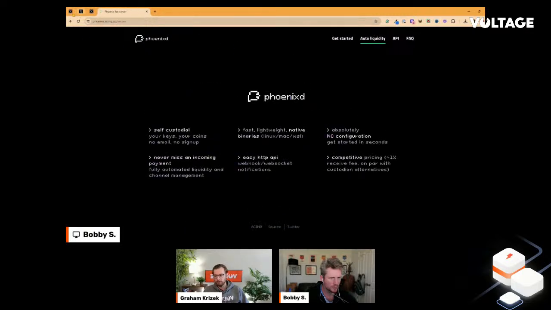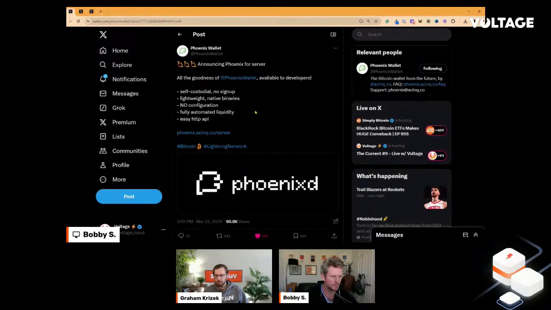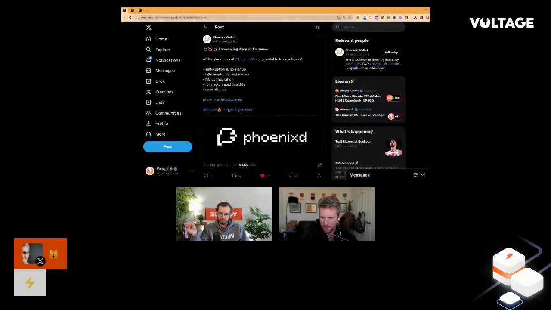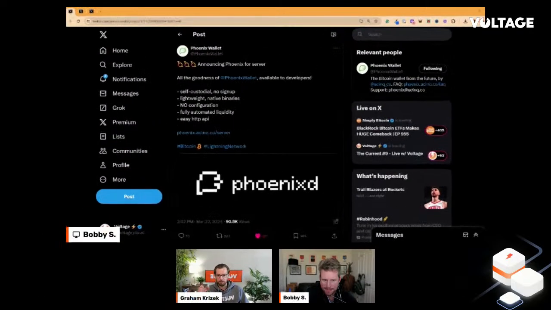Some of the great things about Phoenix is they've done a lot of custom work around splicing and automated liquidity management from things that are maybe earlier in protocol-level phase, where splicing isn't available to all implementations across the network, and dual funding and all of these things.